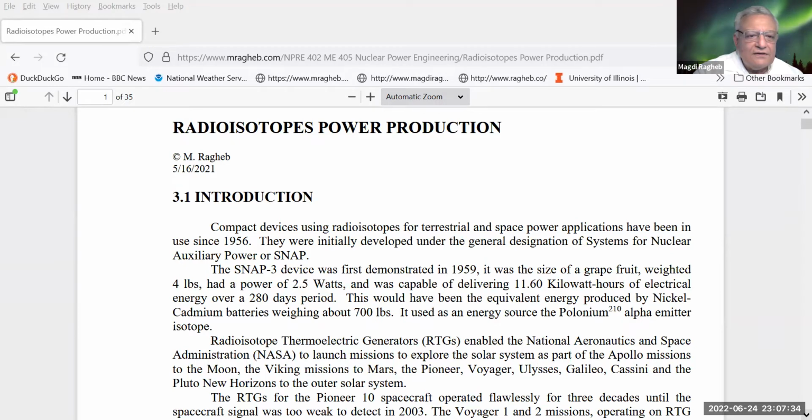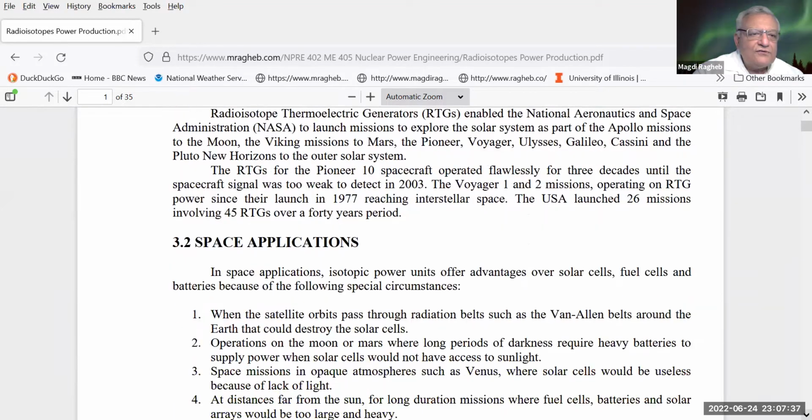You'll find that those radioactive isotopes are designated as RTGs for radioisotope thermoelectric generators, and it's used by NASA in many missions, including the Apollo missions to the moon. In fact, one of those generators was left on the surface of the moon detecting seismic activities.